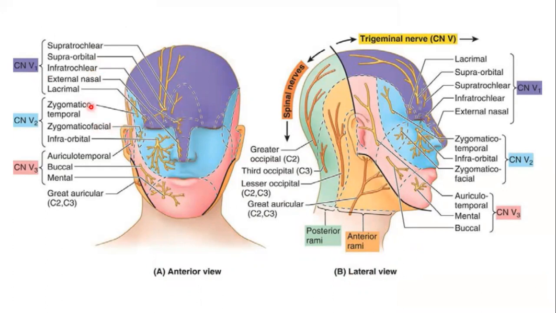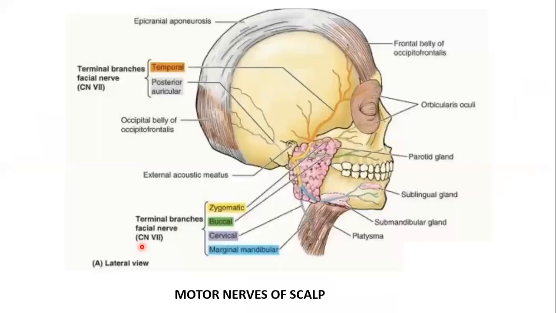That is this zygomaticotemporal, coming from its second part, the maxillary nerve, and then the mandibular nerve, which gives the auriculotemporal nerve. You can also see laterally these branches: supraorbital, supratrochlear, zygomaticotemporal, and auriculotemporal. So these are the four branches coming from the trigeminal nerve, supplying the scalp.